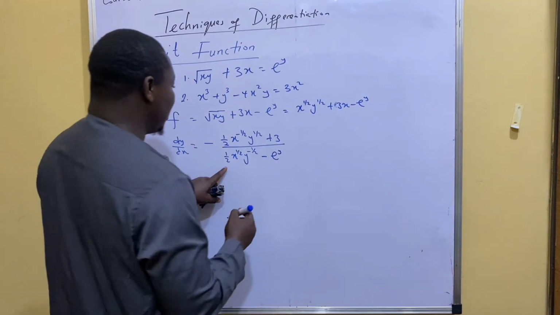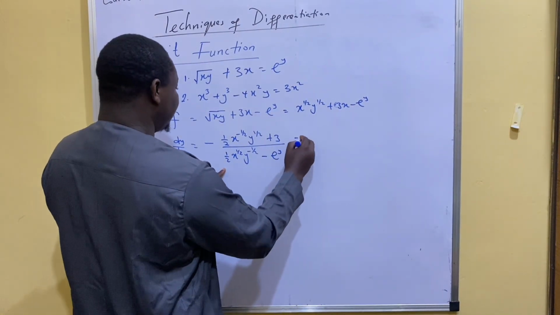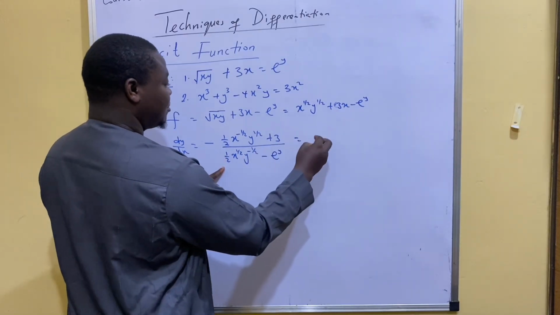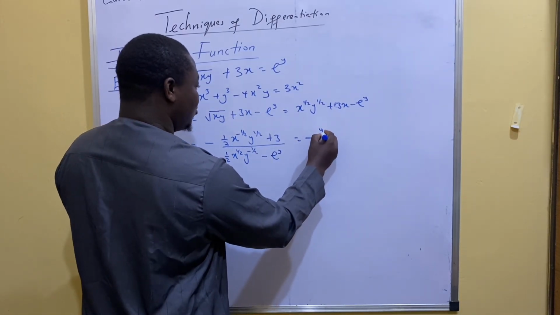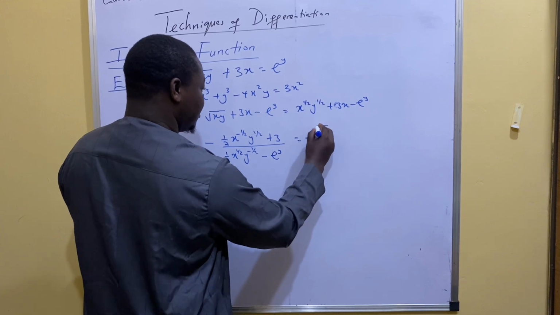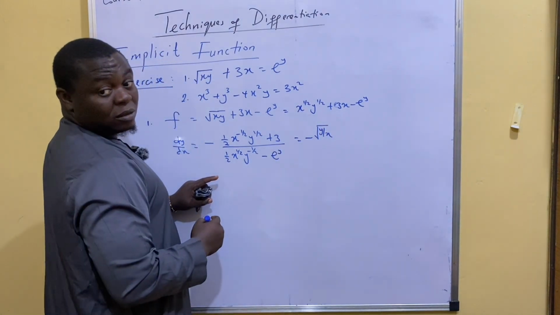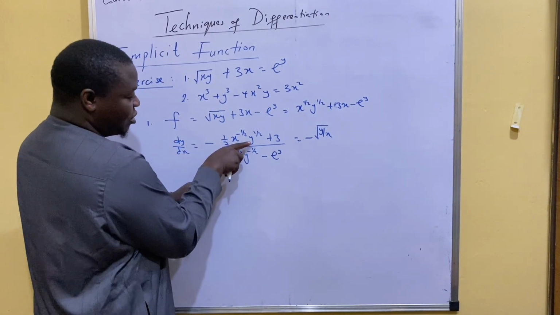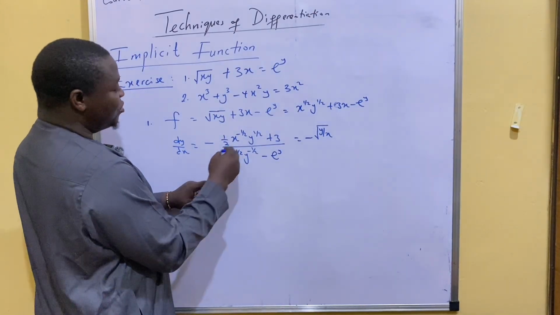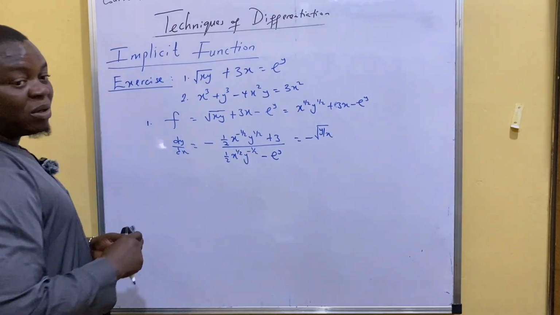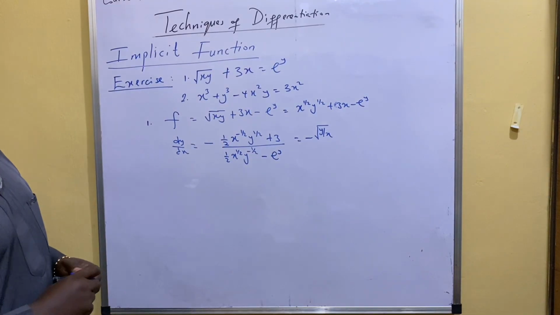Okay, I think what we now have here will be minus, okay, we have y over x root, right? Okay, so because this one will become 1 over x to the power 1 over 2. Okay, so both of them will enjoy that power of half, and power of half is root.